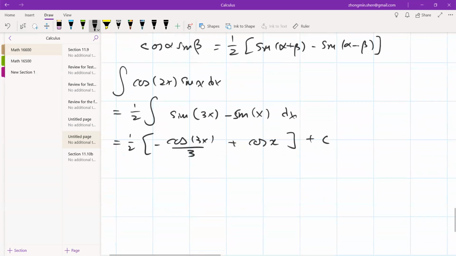Remember, sine kx, if you want to find the antiderivative, it would be negative cosine kx divided by k plus constant.